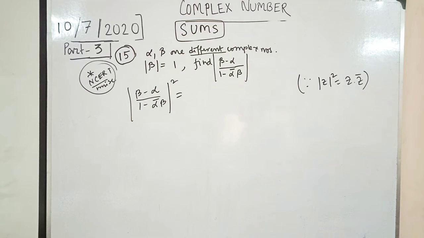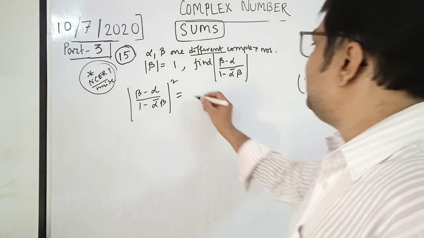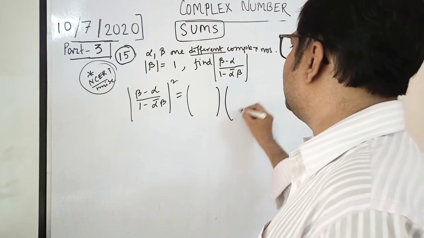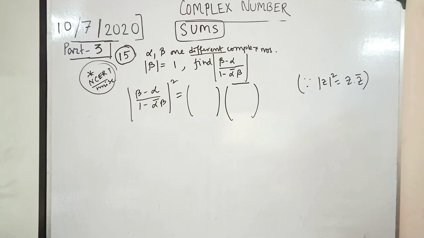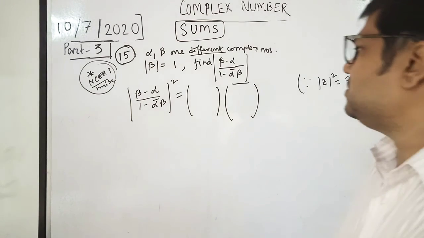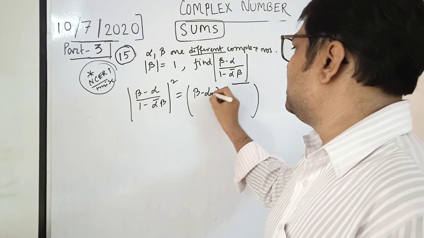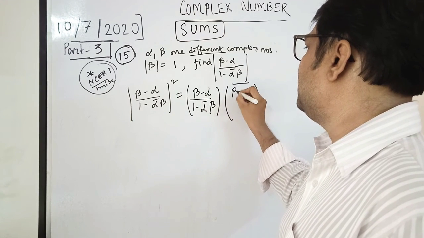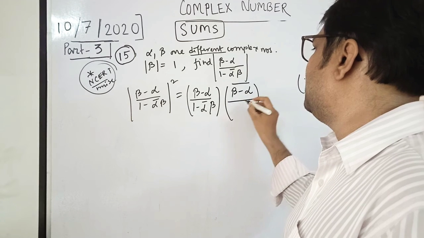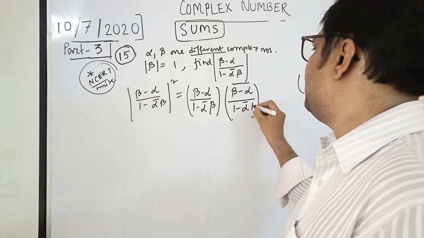I have given you this property. Please see this if you have forgotten. So in that way it will be a product of two things. Similar to this, z into z bar. You get a product of two things. One is beta minus alpha by 1 minus alpha bar beta. Another will be beta minus alpha by 1 minus alpha bar beta, whole conjugate.